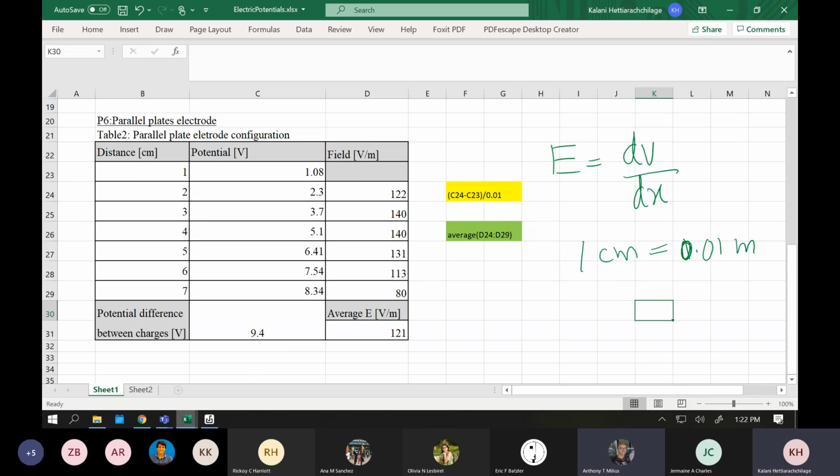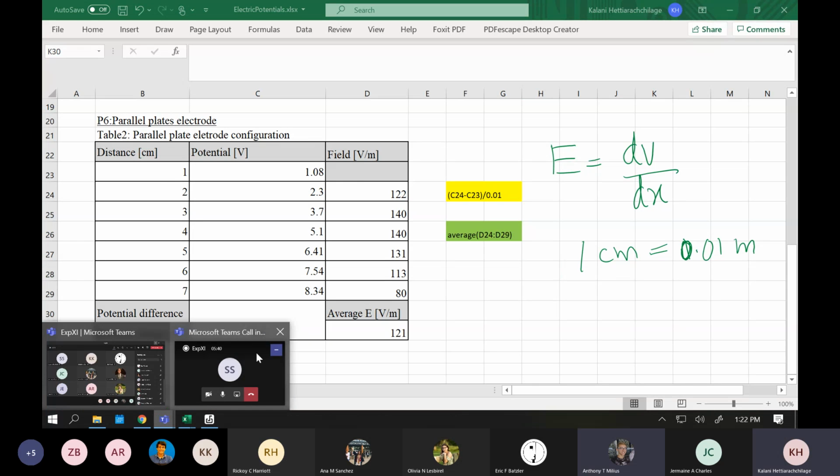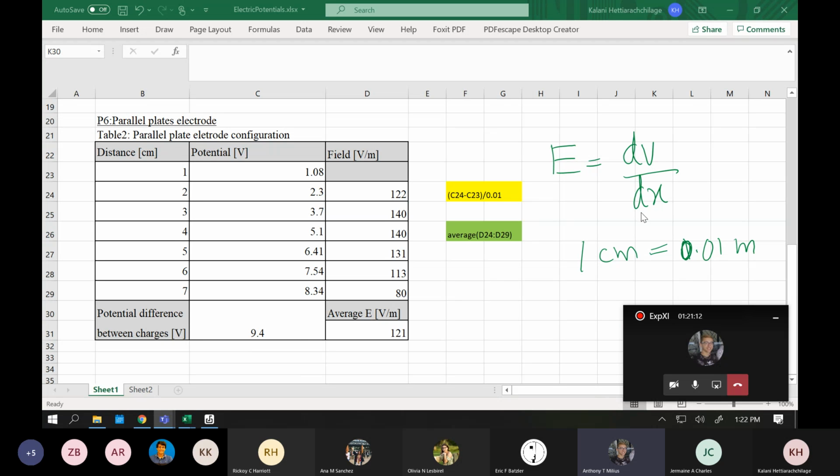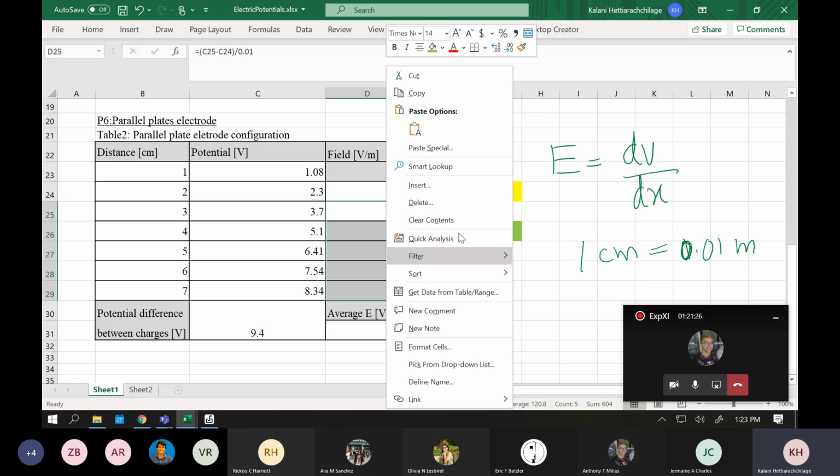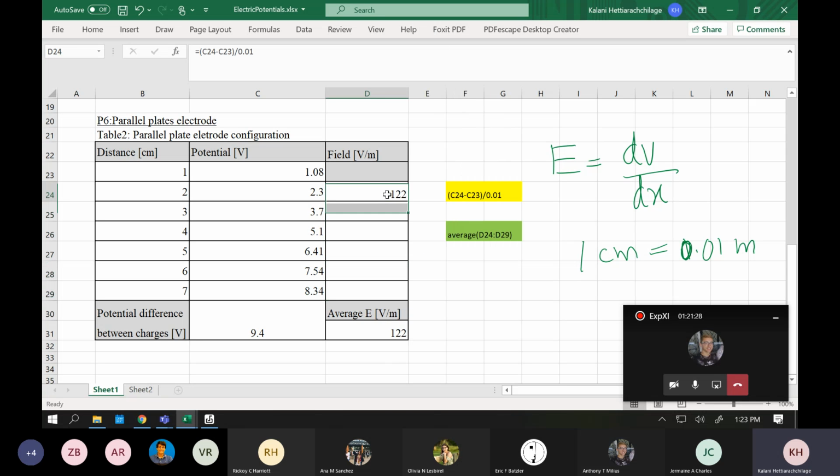Yeah, I had a question. Yeah, go ahead. For the field section on the right, I got the first one for the 2 centimeter distance, but how did you drag it down to get all of the others? Okay, that will be very simple. Let me clear the content. So you calculate, you get the 122, right? Yeah, I got that.